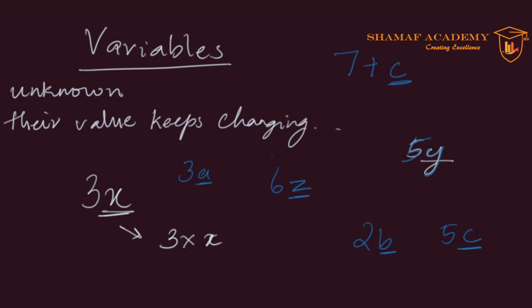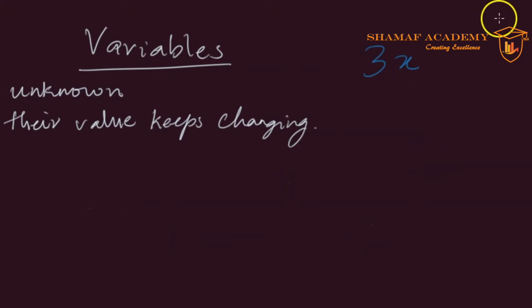Now let me explain how their values can be always changing. We have our expression right here, 3 times x. Suppose I have been given this question and I have to find the total value of this expression if x equals 3. That means I have to substitute 3 in the place of x.